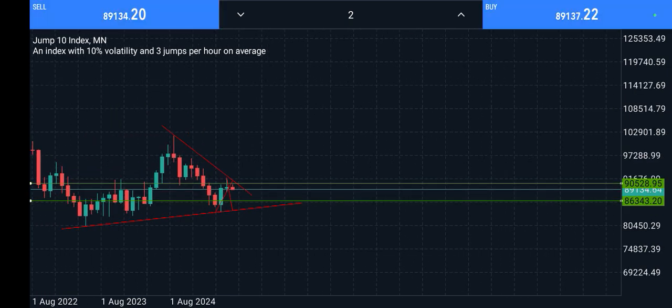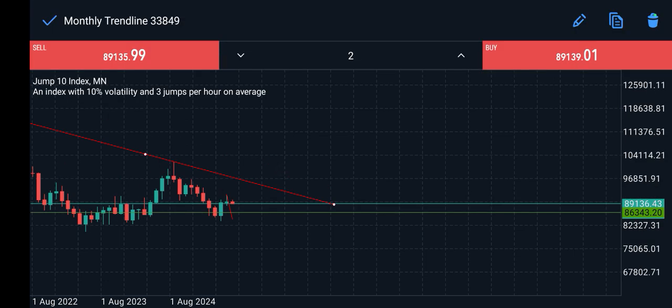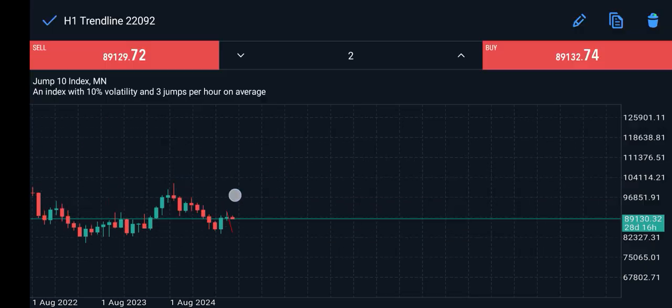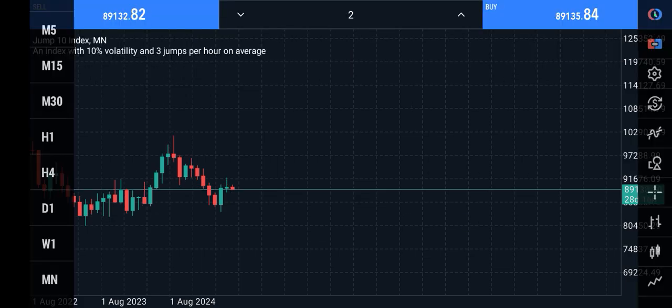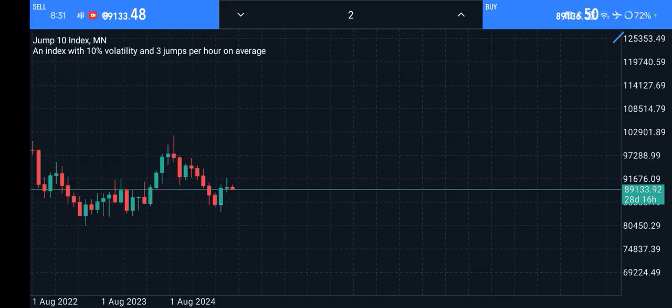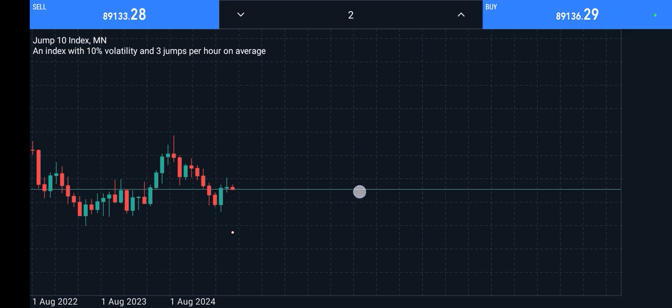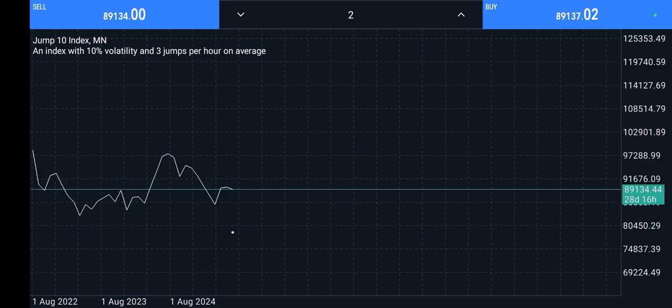This is a trend line. You see this red line here? This one I deleted is a trend line. This is also a trend line. All these lines are trend lines. I've changed this into bar, but this is a trend line anyway.